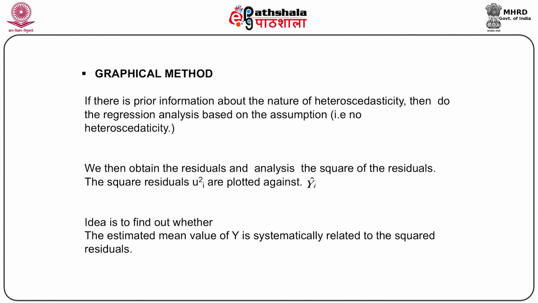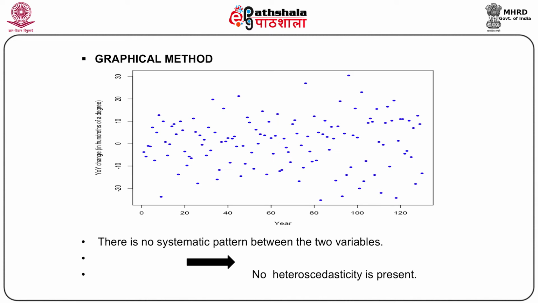The squared residuals, ui squares, are plotted against yi hat, which are the estimated values of our dependent variable yi from the regression line. Our idea here is to find out whether the estimated mean value of y is systematically related to the squared residuals. For example, let us take a look at the following plot.